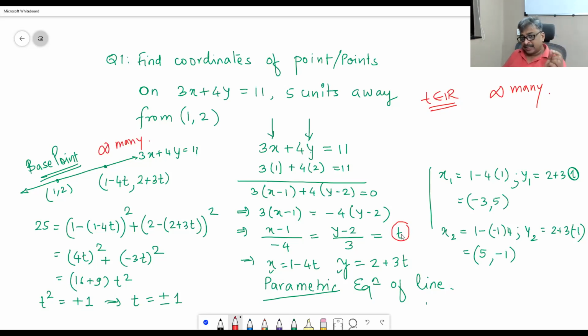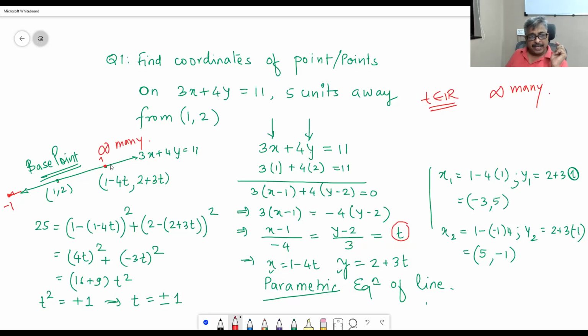So t is the algebra of a specific point on the line, and the point is the geometry. This point is the geometry, and its algebra in terms of t, the parameter, is 1. There will be an equal distance point sitting here whose parameter will be minus 1. So if this direction is minus 1, then the opposite direction will be plus 1.